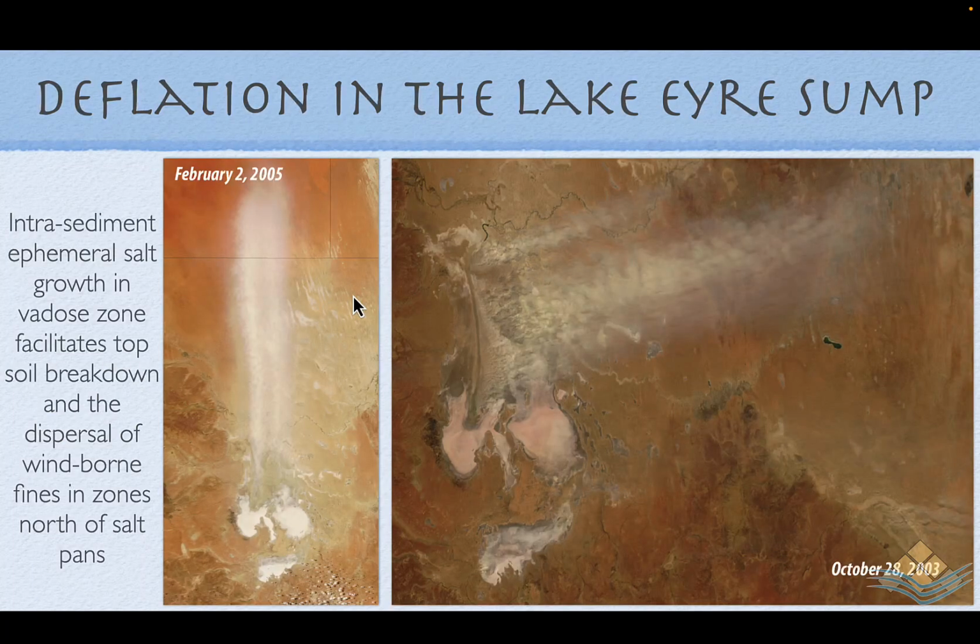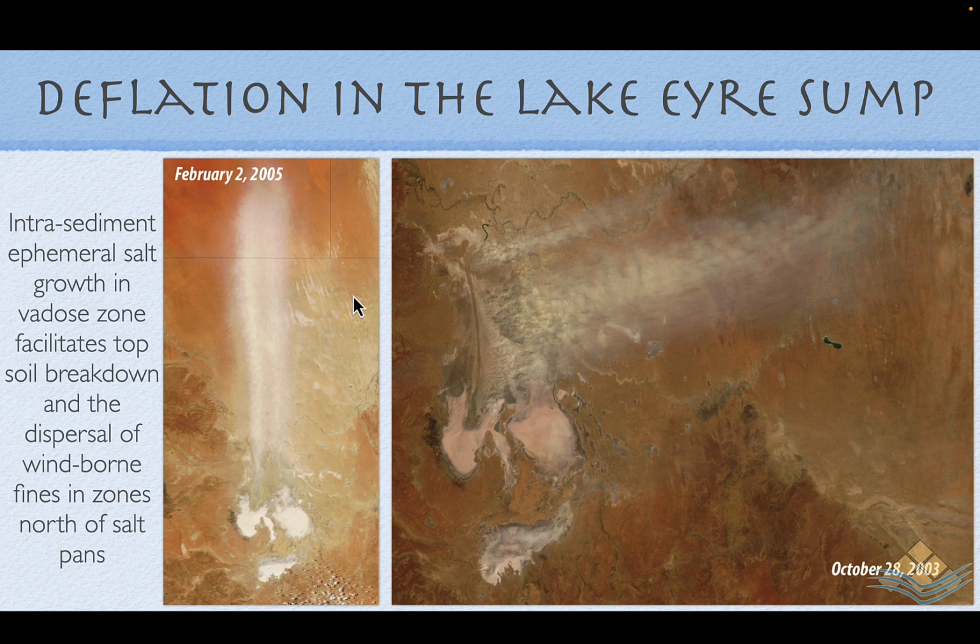The next image shows it even clearer. Here is that dust transport in action in a northerly directed wind stream on February the 2nd, 2005, and an easterly directed wind stream on October 28, 2003. So this sediment transport is aided by ephemeral salt growth in the vadose zone in the salt flats on these playas, which facilitates breakdown of the lake sediments, as we discussed in the previous section on sebkhas.